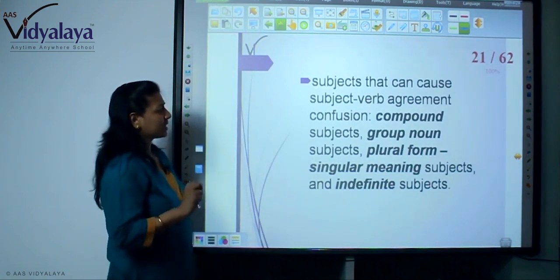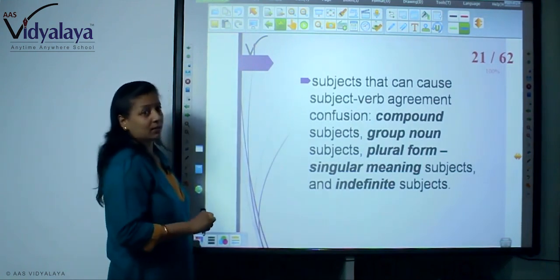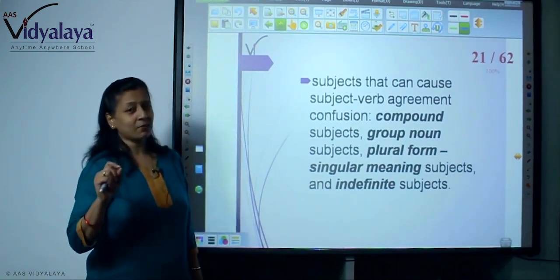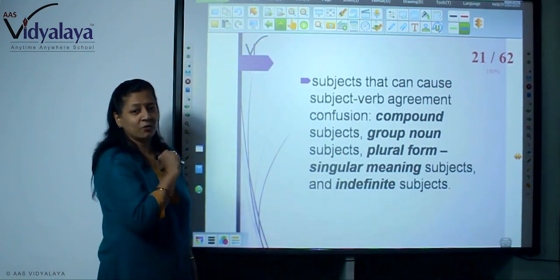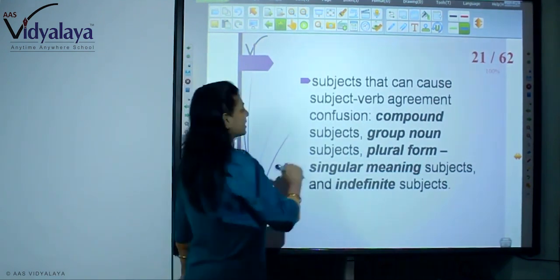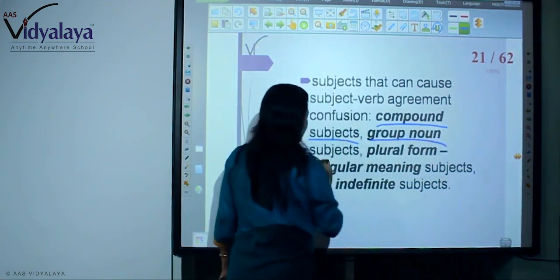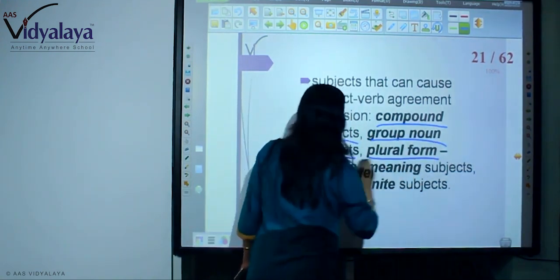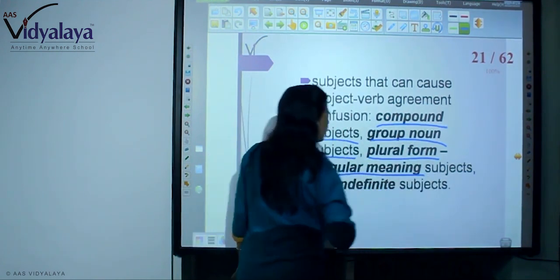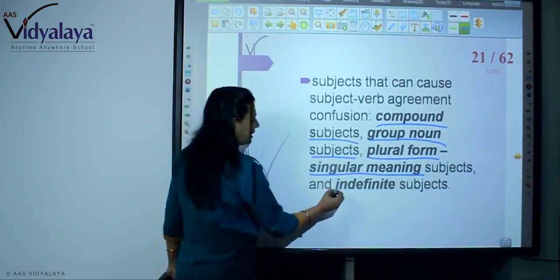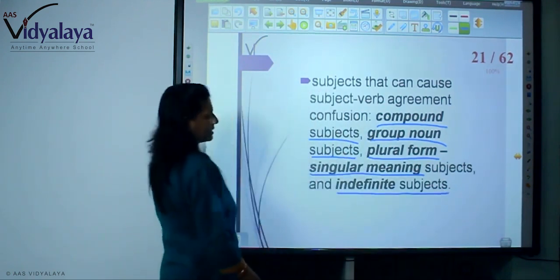Subjects that can cause subject-verb agreement confusion. Now, there are many types of things that can create confusion. For example, compound subjects, group noun subjects, plural form singular meaning subjects, and indefinite subjects.